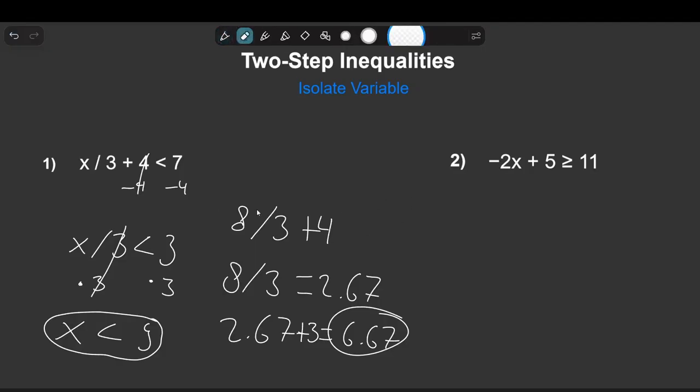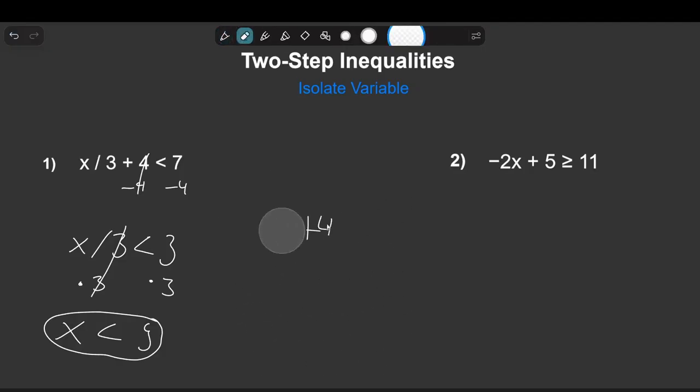Now let's do one with a number above 9 to check if it is really correct. So we're going to do this by doing 10.